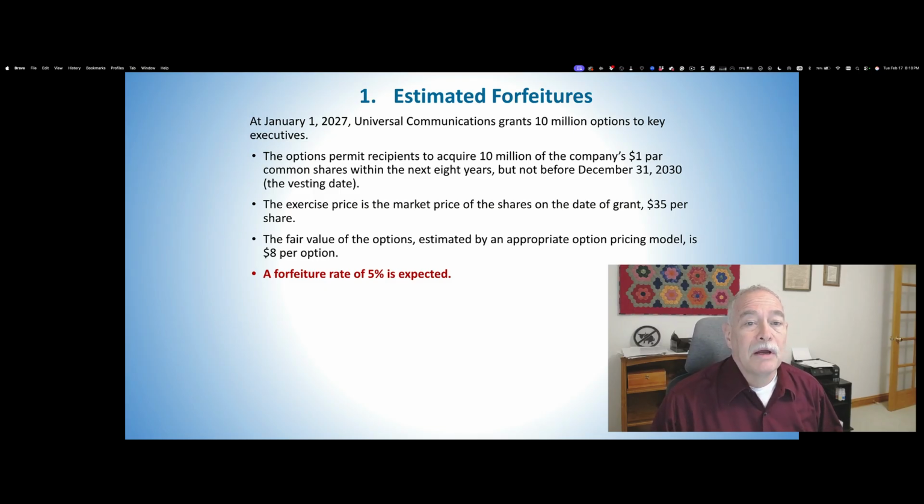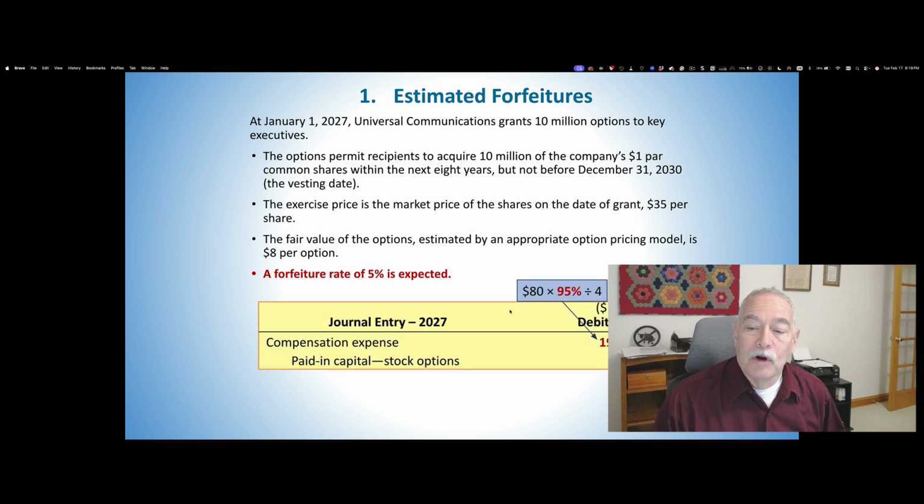Let's just give a simple, straightforward approach of estimating forfeitures. The same example that we had before, where we had 10 million options and the fair value per option is $8. So that's 80 million over 27, 28, 29, and 30, 4 years. 80 million over 4 years would be 20 million each year, except that we're expecting a forfeiture rate of 5%.